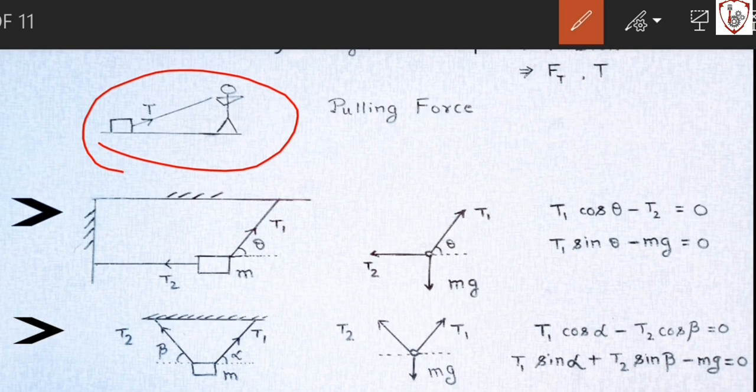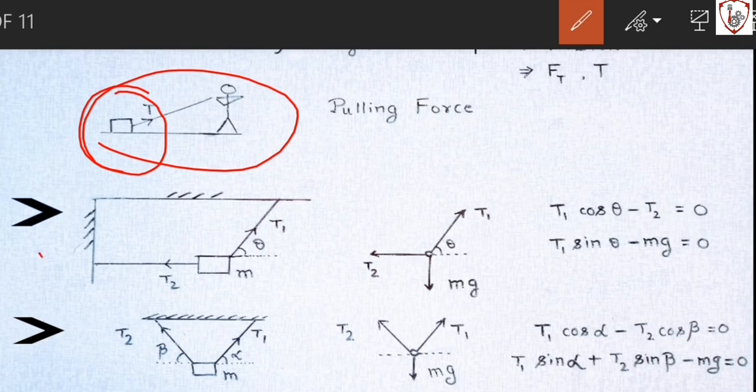Why do we call it a pulling force? Because it cannot push, it can only pull. It has that much strength that it can pull. In this case we can see the tension is in that particular direction. Then we can draw the free body diagram of the block or the man, if required in the question, and apply Newton's laws of motion.